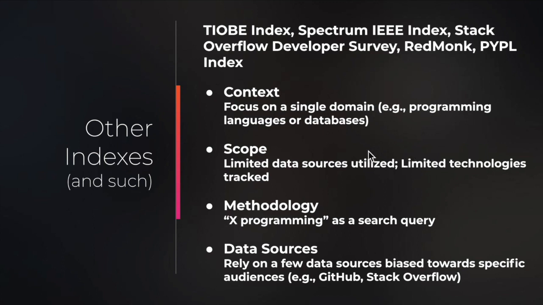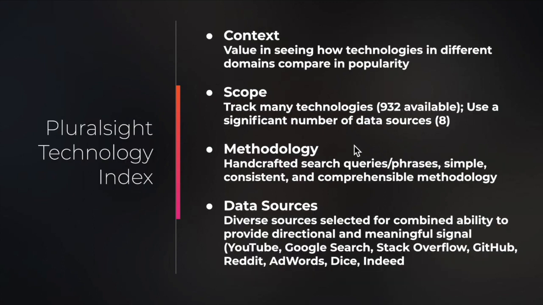Oh, here we go. So the Pluralsight Technology Index is a contextual index, as I like to think of it. And so that means you can compare different technologies from different domains to one another, right? And as a byproduct, you can also see, for example, that JavaScript is above Python. They're technically in the same domain.